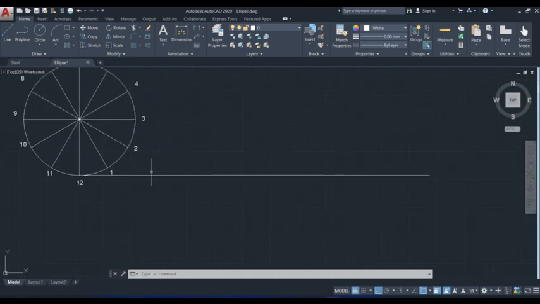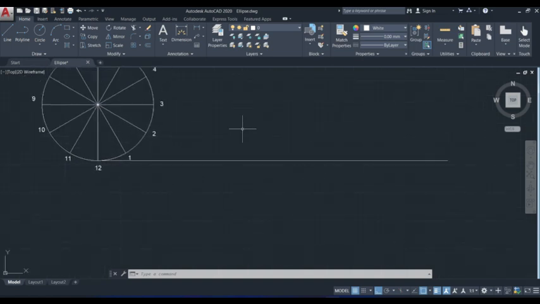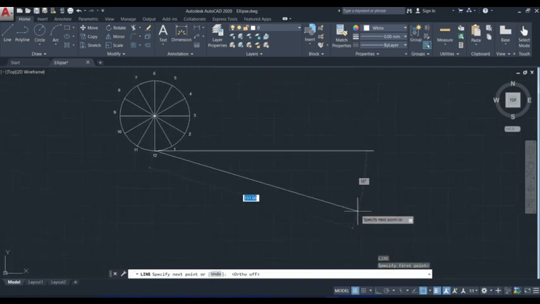Then we have to divide the line also into 12 equal parts. For dividing the line into 12 equal parts, we have to draw another line which is having a length which is divisible by 12. So let's say I am going to take the length 120 mm here. 120 mm is divisible by 12. So I am going to take 120 mm with an angle of 30 degrees.